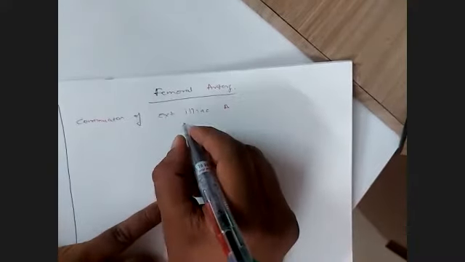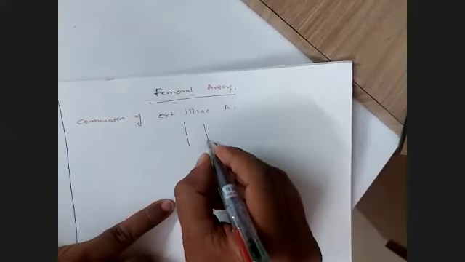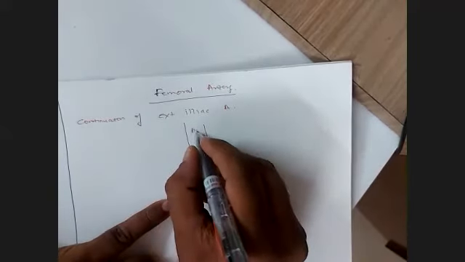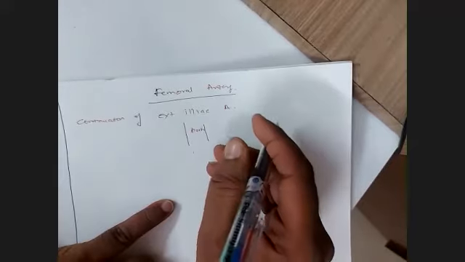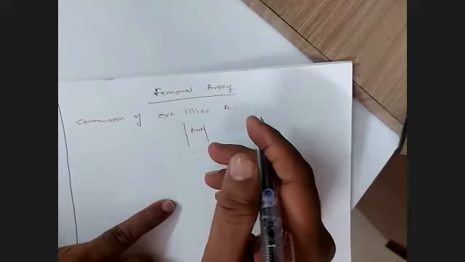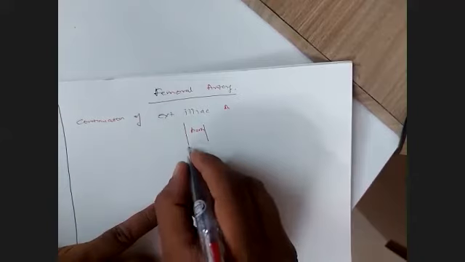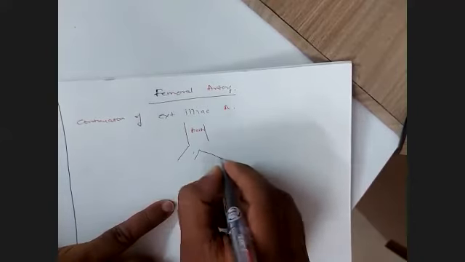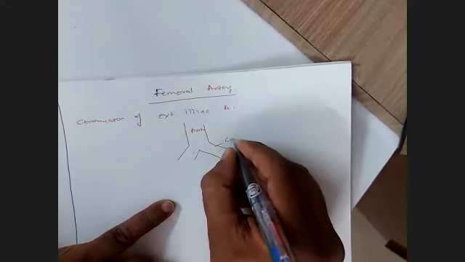See, this is the abdominal aorta. Aorta comes down, becomes thoracic, arch of aorta, abdominal aorta. Then abdominal aorta divides into two main branches called common iliac arteries.